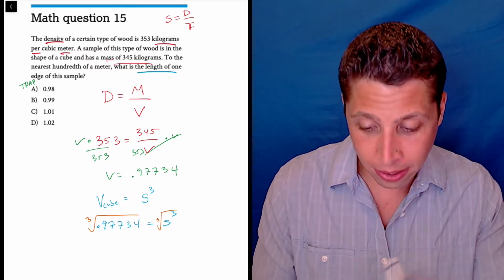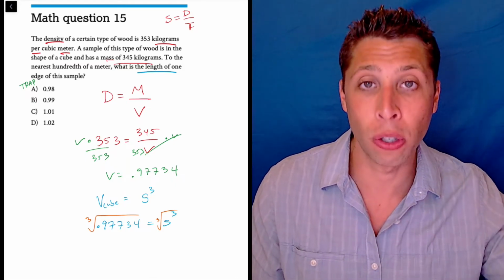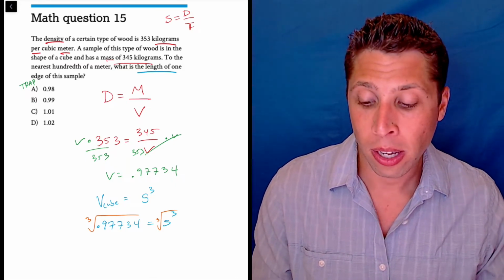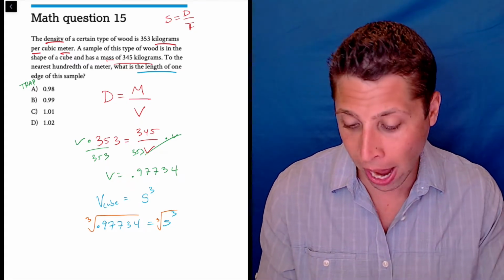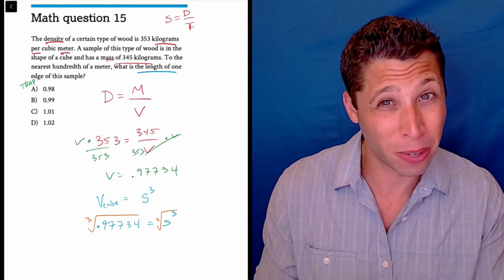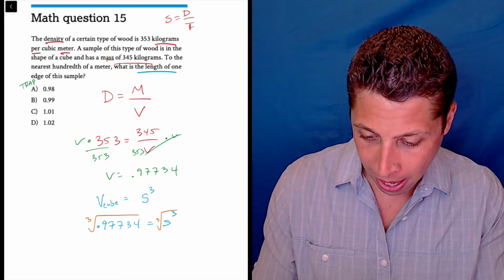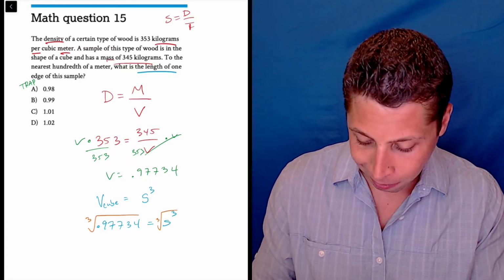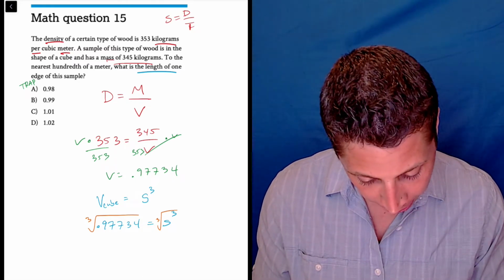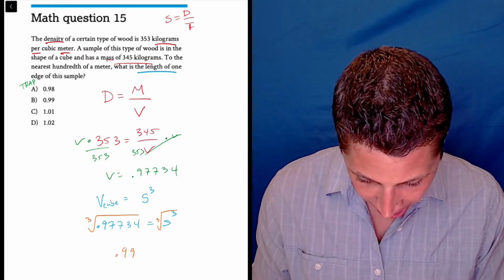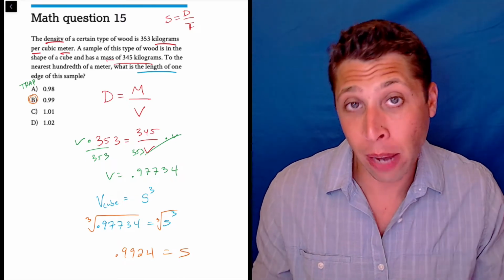I'm going to take the cube root, this is going to be in my math button, cube root of 0.97734, and I get 0.9924 is the length of a side, and that's choice B, and that was the answer.